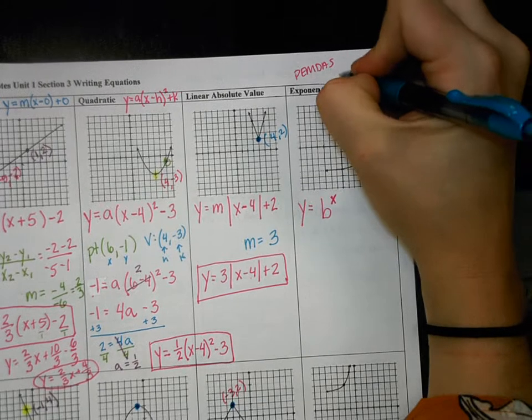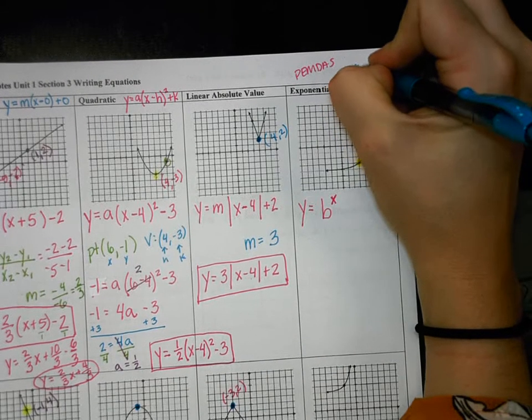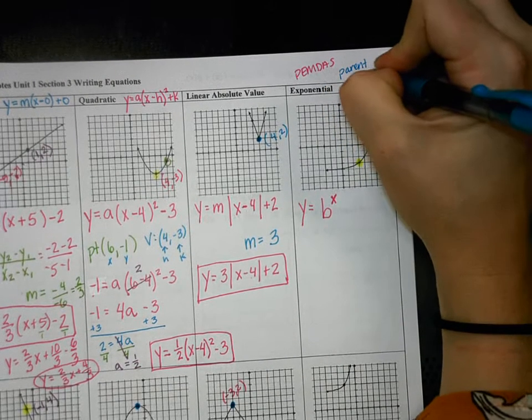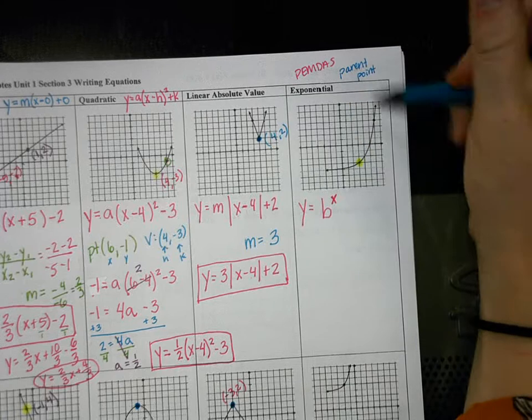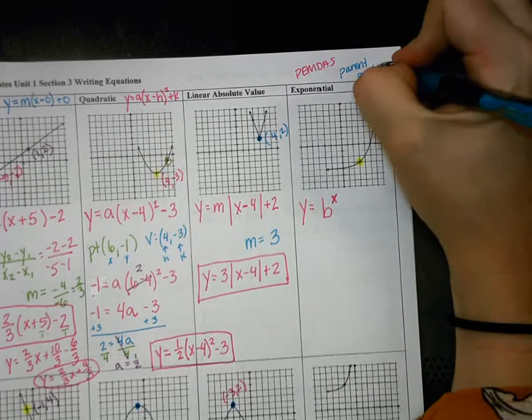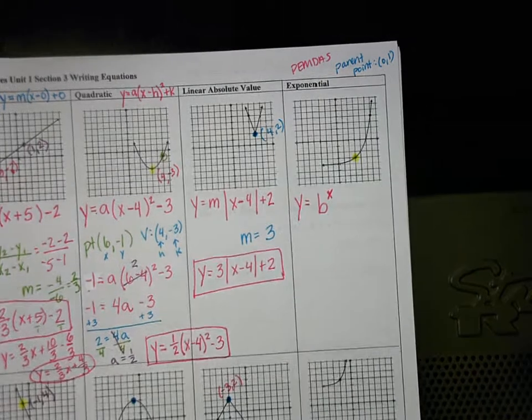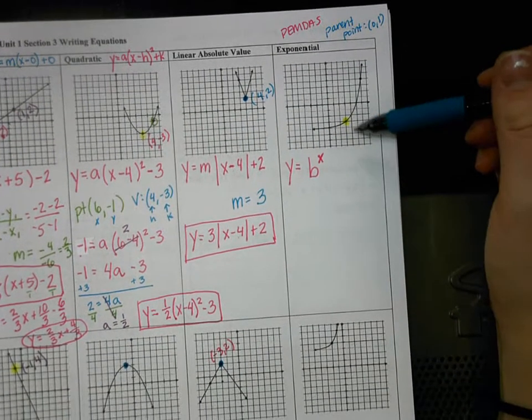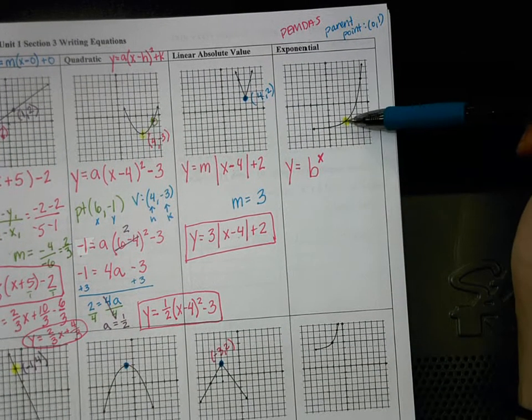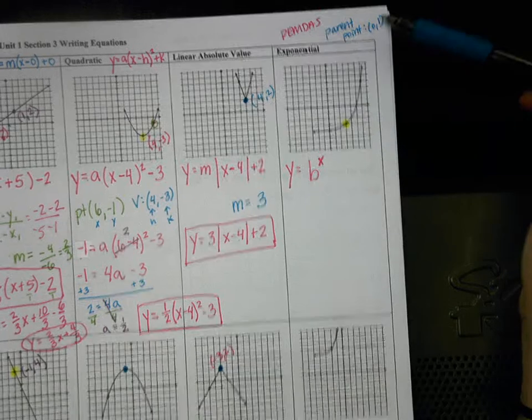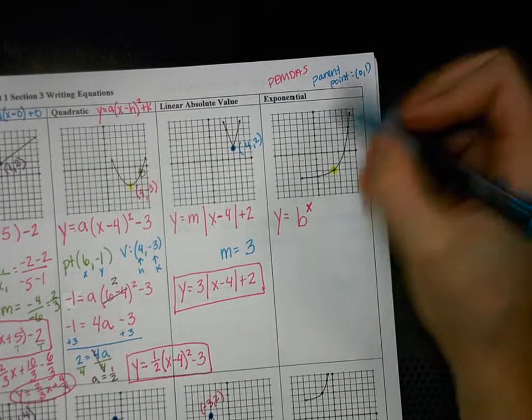Yeah, so the parent point for exponential is your parent graph's starting point, which is 0, 1. This starting point has moved, and we need to make sure we're moving from the parent point of 0, 1.